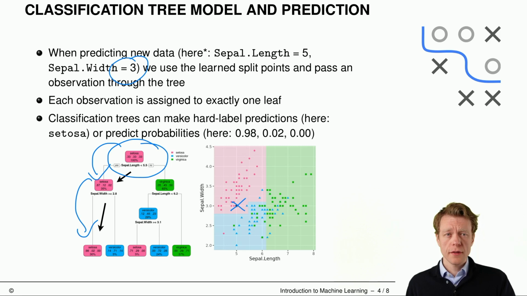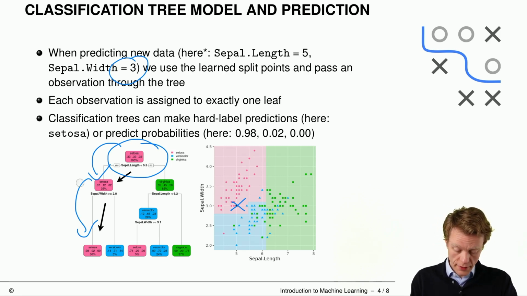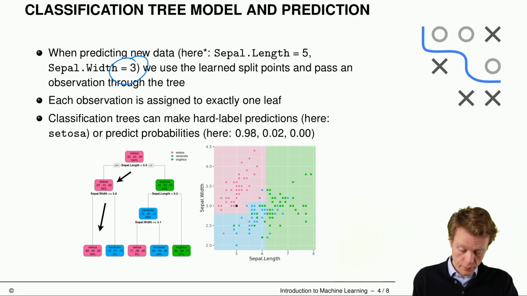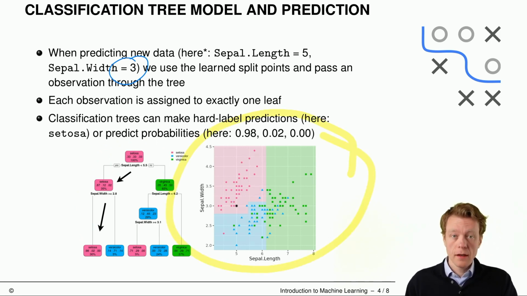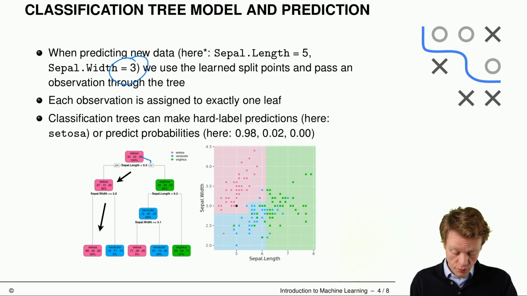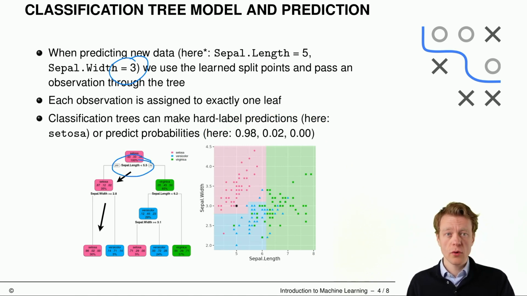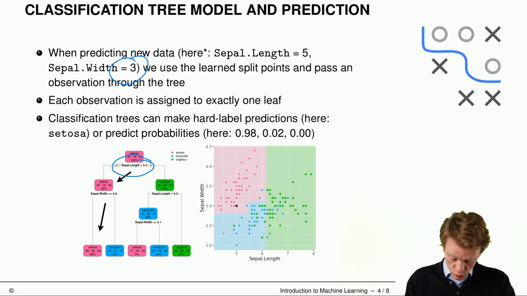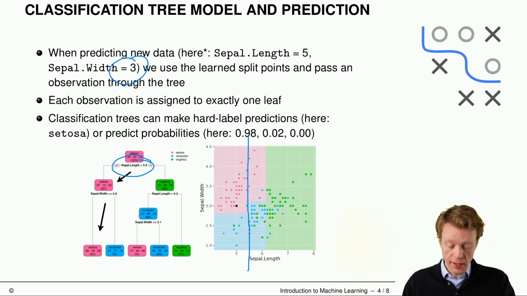We can also look at this from a slightly different perspective, and we have this on the right hand side in this plot here. We visualize the tree structure here a bit differently. Let's try to understand what happens here. The first split is with respect to sepal length smaller than 5.5. So what we have here is that we split at 5.5 for sepal length.